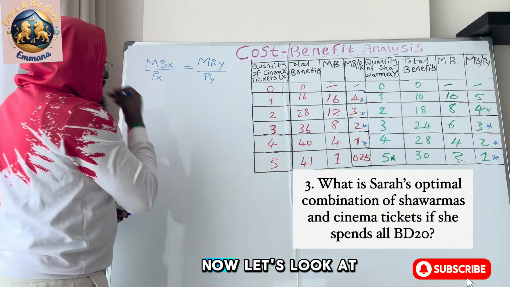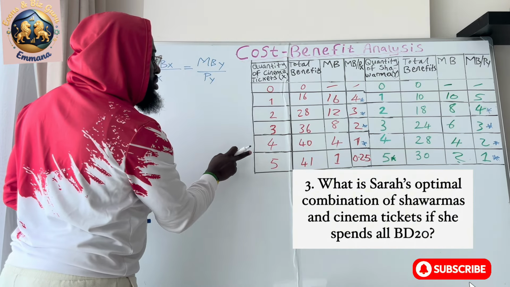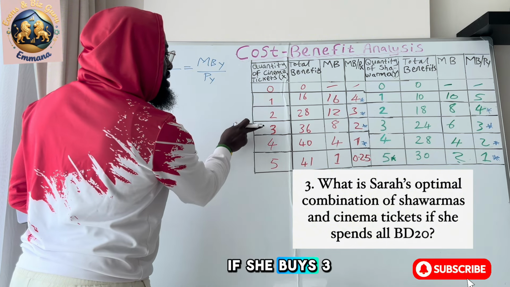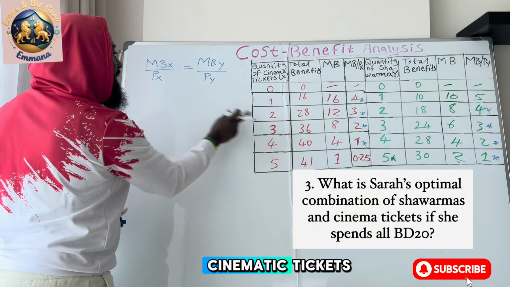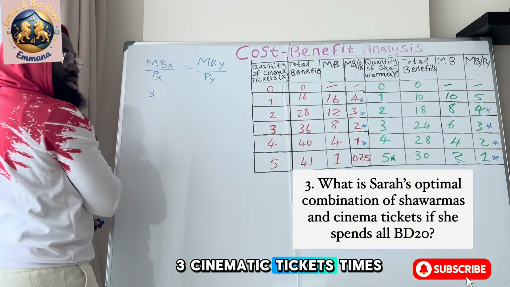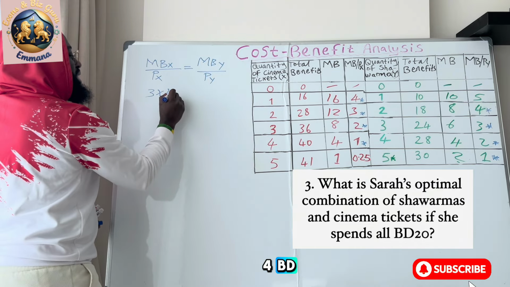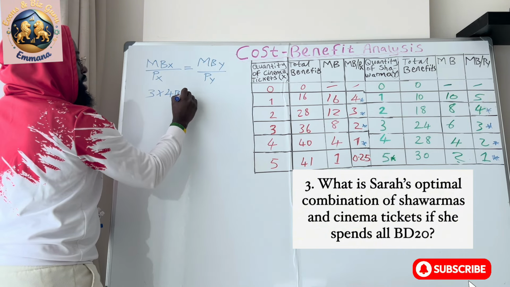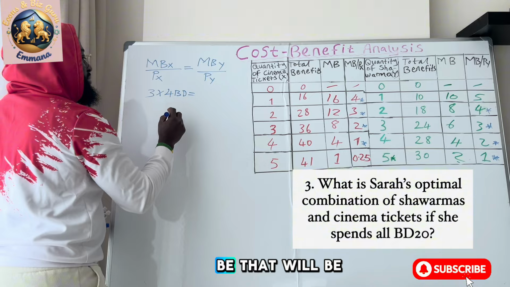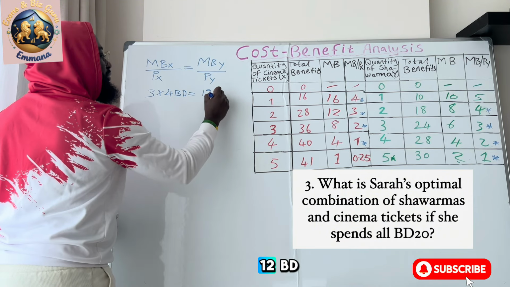Now, let's look at this. If she buys 3 cinema tickets times 4 BD, how much will that be? That will be 12 BD.